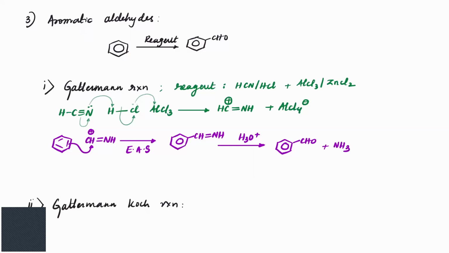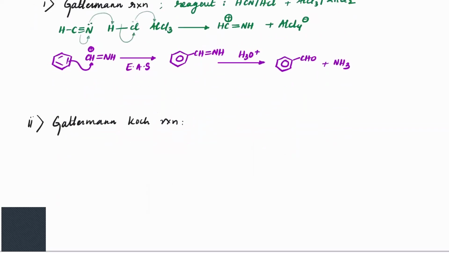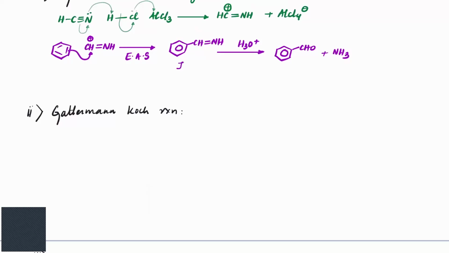So that's how you can prepare the aldehyde form, benzaldehyde. This is the Gattermann reaction. Please recall the same thing we have learned in benzene before. This is the imine family, imine form.